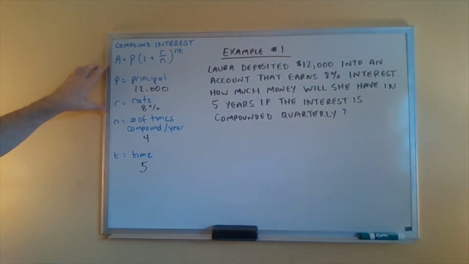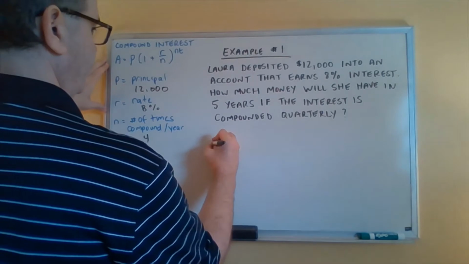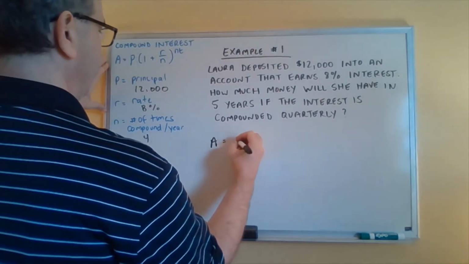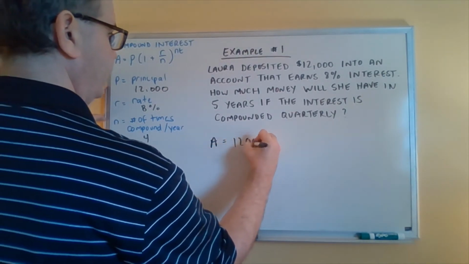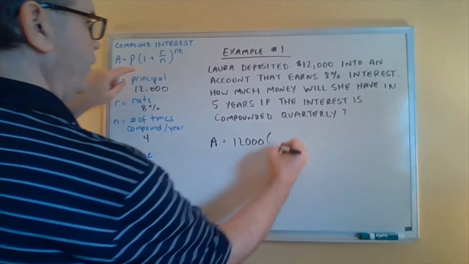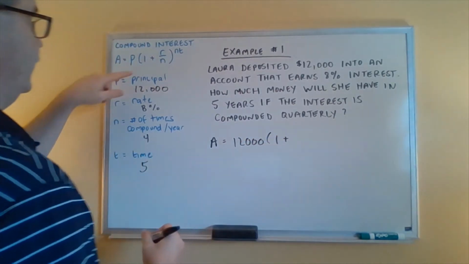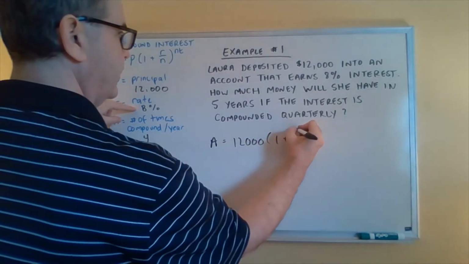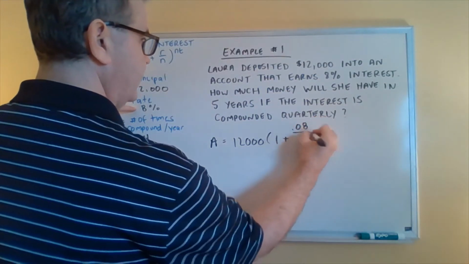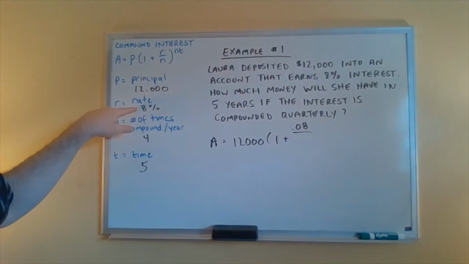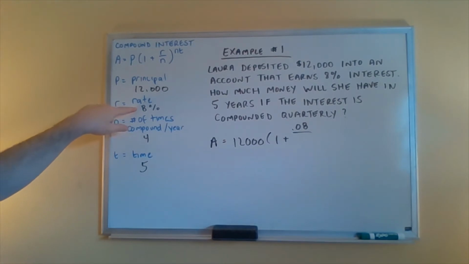All right, so let's plug these numbers into our formula here. So we'll have our amount is going to equal our principal of $12,000 times 1 plus our rate of 0.08 over 4, number of quarters.